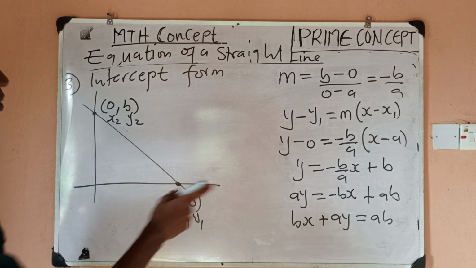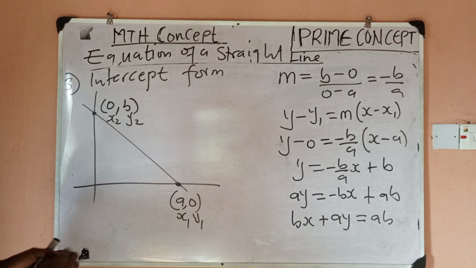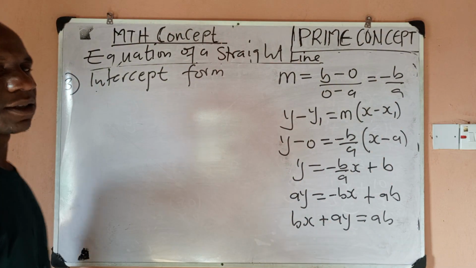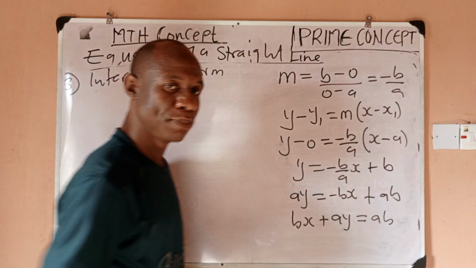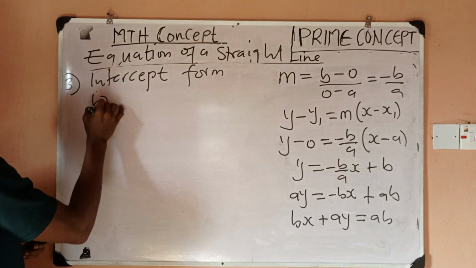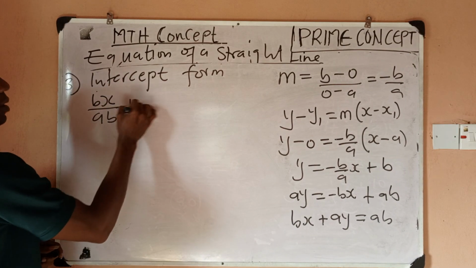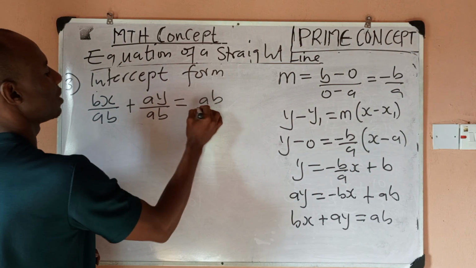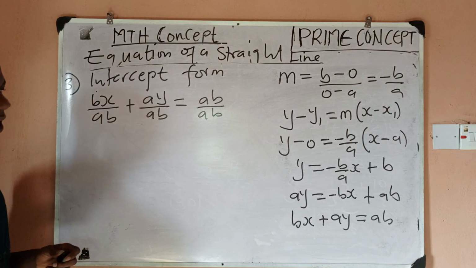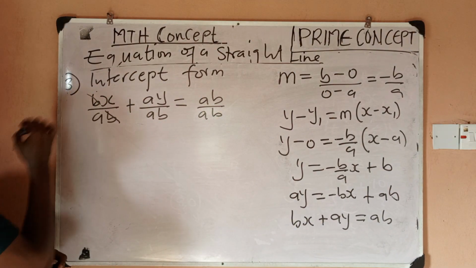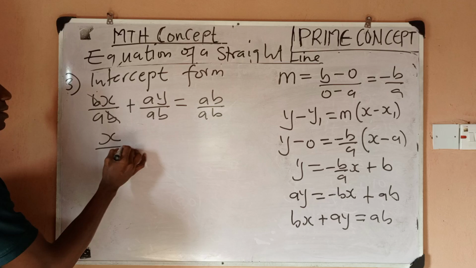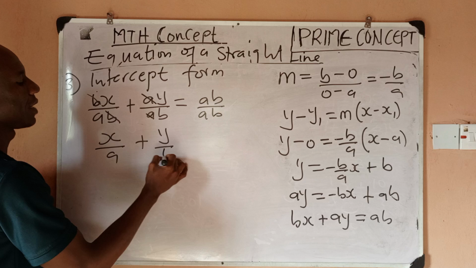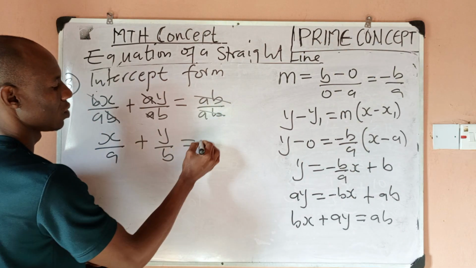So if I divide through this equation by ab, I would have bx divided by ab plus ay divided by ab equal to ab over ab, right? Now you notice that b can cancel this. So I would have x divided by a plus, a would cancel a, y divided by b equals 1.